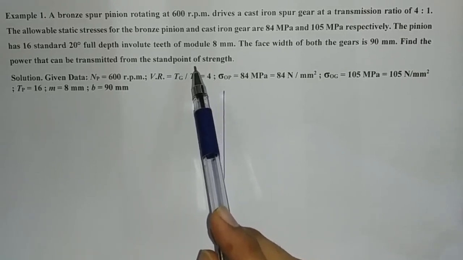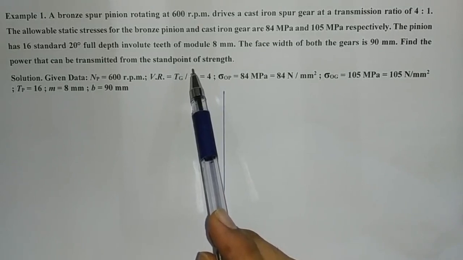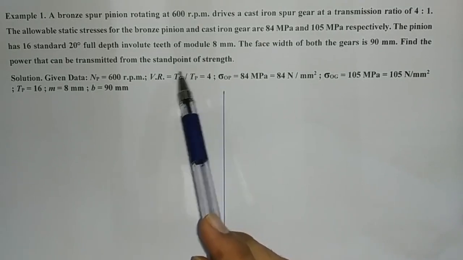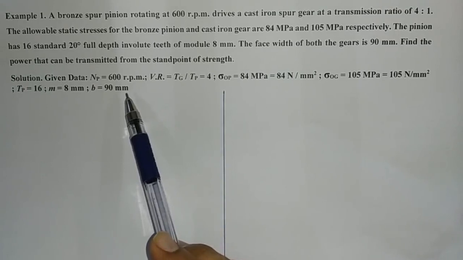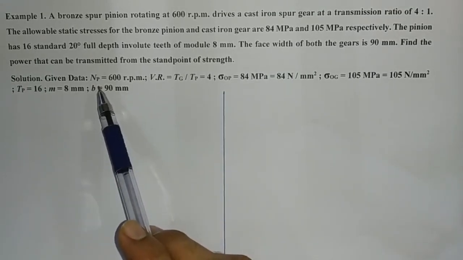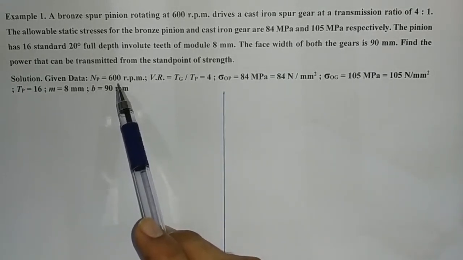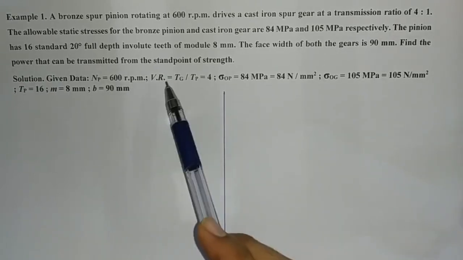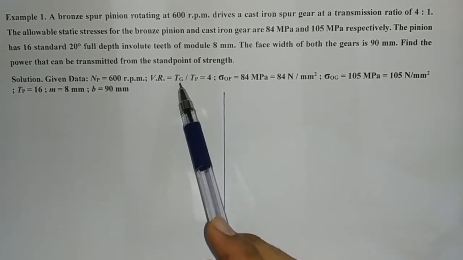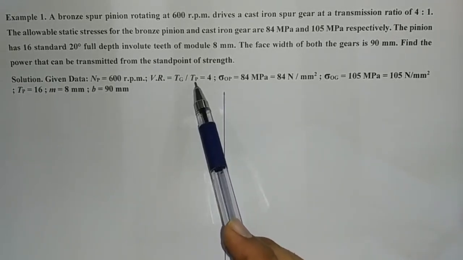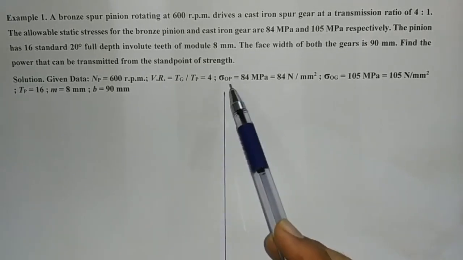Now in this example we have to find out the power from the standpoint of strength. Now let us start with given data. Np, the speed of pinion, is 600 rpm. Velocity ratio is equal to Tg by Tp is equal to 4.